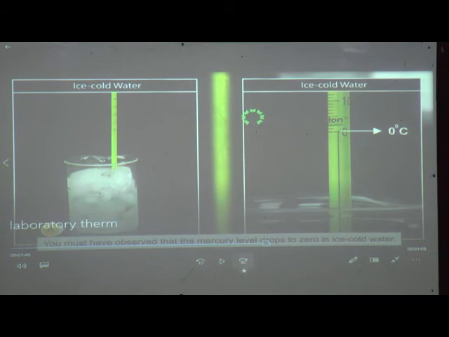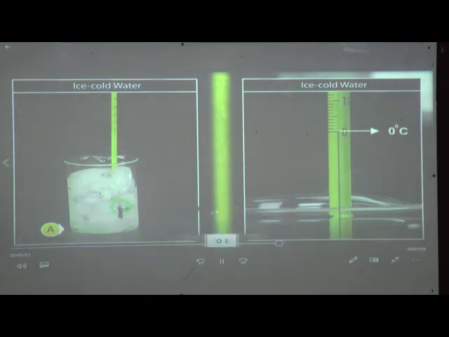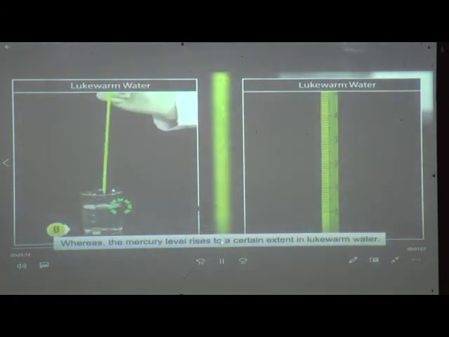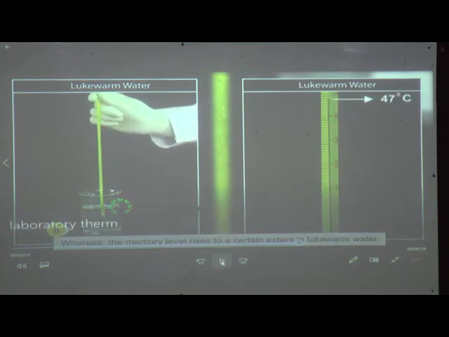Okay, then next, see, when we are going to hold this thermometer with our hands, how do we have to hold it? With the help of a stand in the laboratory I showed you, but here also you have to see how to hold it with our hands.